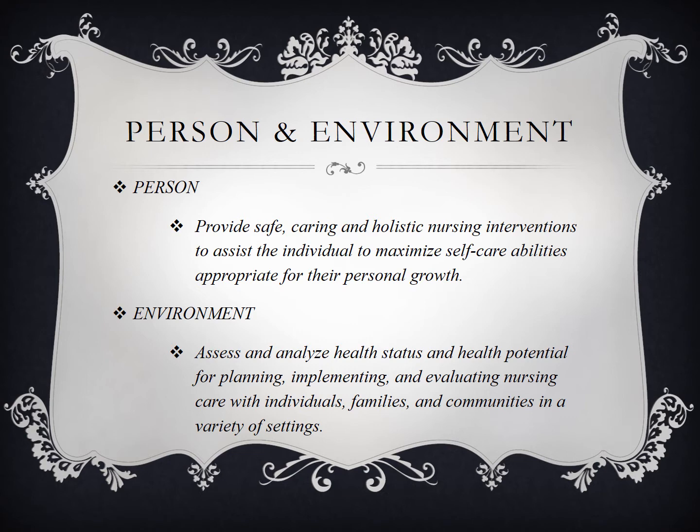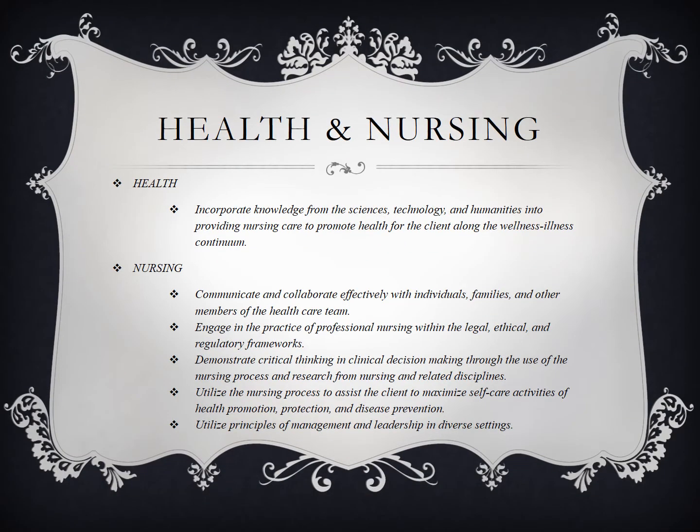Environment: assess and analyze health status and health potential for planning, implementing, and evaluating nursing care with individuals, families, and communities in a variety of settings. Health: incorporate knowledge from the sciences, technology, and humanities into providing nursing care to promote health for the client along the wellness-illness continuum.